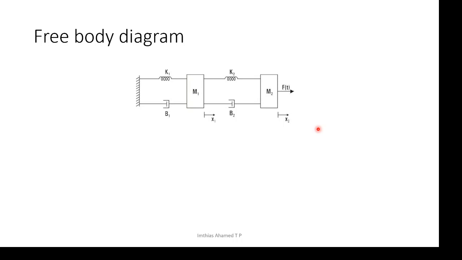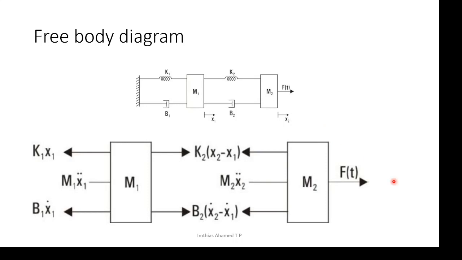So for these complicated examples, there's something called a free body diagram where we'll mark all the forces. So let us look at the free body diagram. Here, for the free body diagram for mass m2, there's a force F acting in this direction. As I told you earlier, for the spring, this end of the spring is moving.